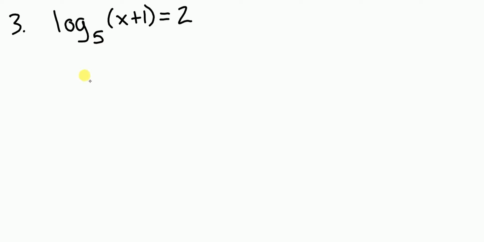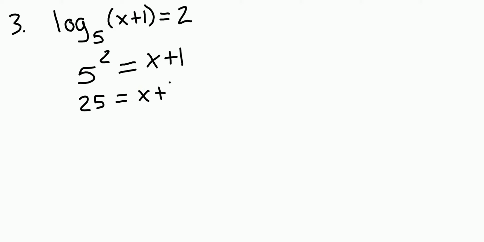This is my base, my exponent, my answer. 5 squared is 25. And now I can just solve it for x. Subtract 1 from both sides. x equals 24.